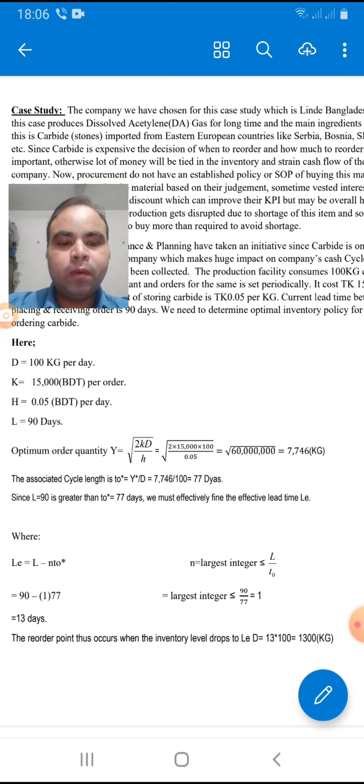So from that calculation, we can see that the total amount of inventory ordering quantity should be 7,746 kg per order. So every time they should order only this amount.